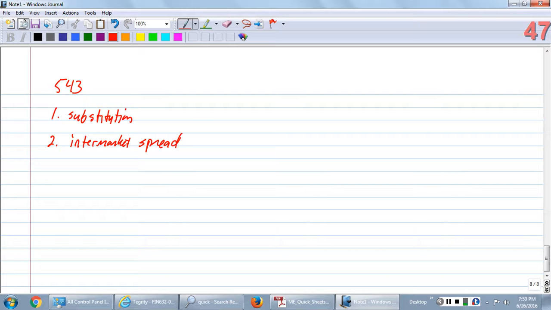The intermarket spread swap is when the yield spread between two bond sectors, maybe government bonds and AAA rated bonds, has varied from what it traditionally is, and there may be an opportunity to make money, right?